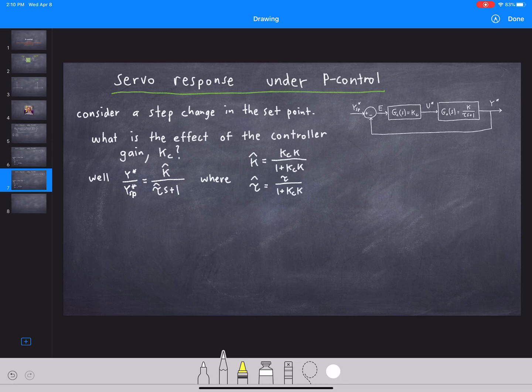Okay? And so now let's plot these. Let's plot k hat versus KcK, okay? So here, this is if your controller gain increases.